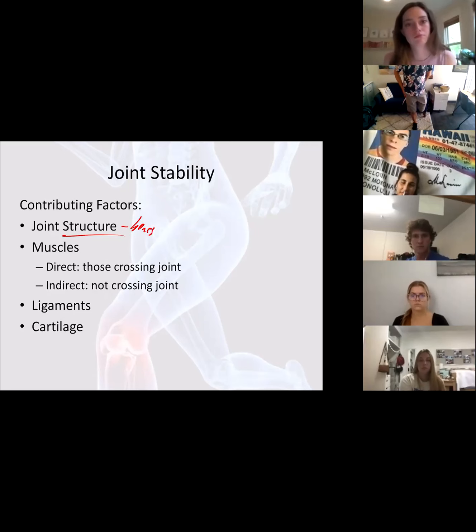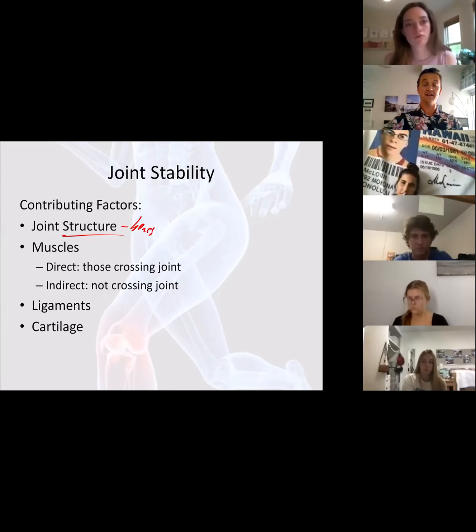So what actually keeps me from doing that is not so much my quads and my hamstrings, the ones that cross the joint, but more so it's my hip muscles, right? Because my hip muscles will keep my knee straight as I go down. So my hip muscles are very important for keeping my patella right over my toes as I go down. I don't want that to happen, right? Because when that happens, that's what puts you at risk of tearing your ACL.